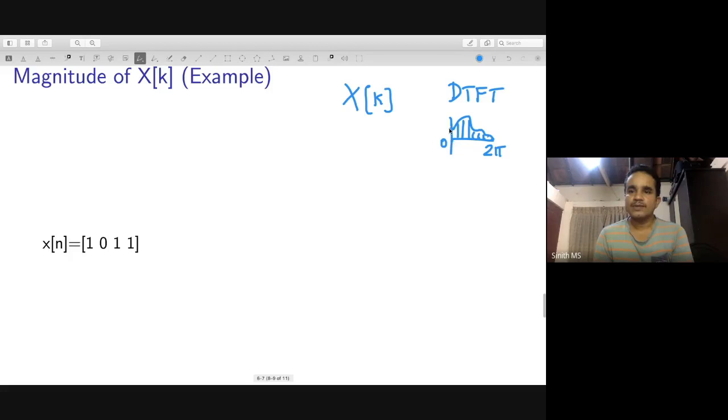For 0 you have some value here, for 1 you have some value here. These discrete values form X[k], which is the discrete Fourier transform. Now you can find the magnitude as well as the phase of this signal.